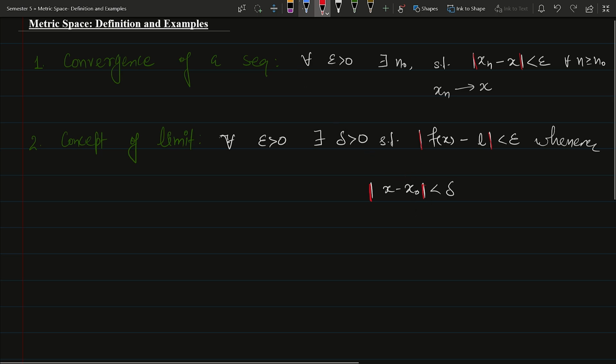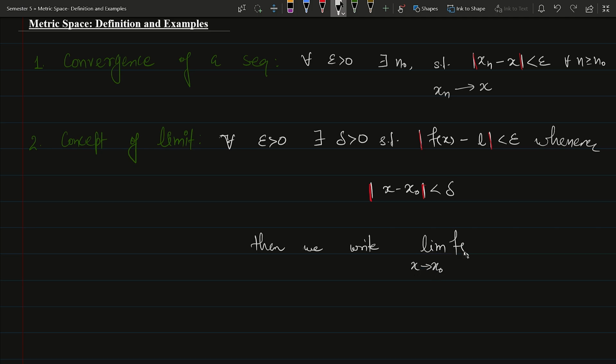Or simply we write limit x tends to x naught f(x) equals L.